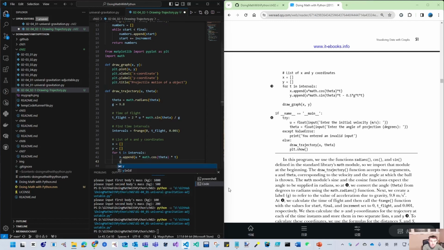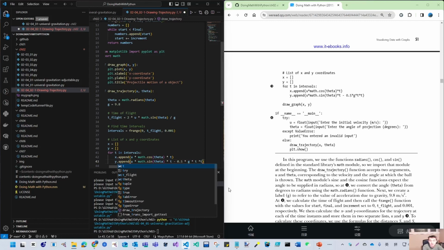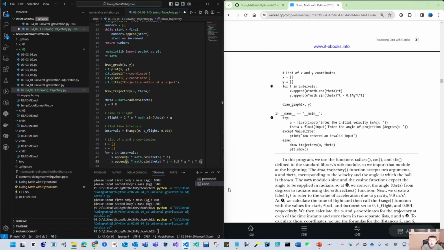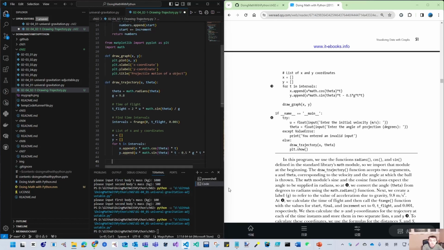And similarly for y, append u times math.sin(theta) times t minus 0.5, or half, times g times t times t. You can also use t square. That is fine.